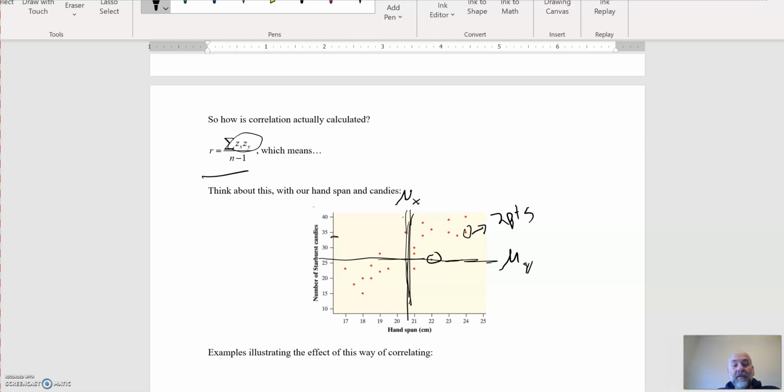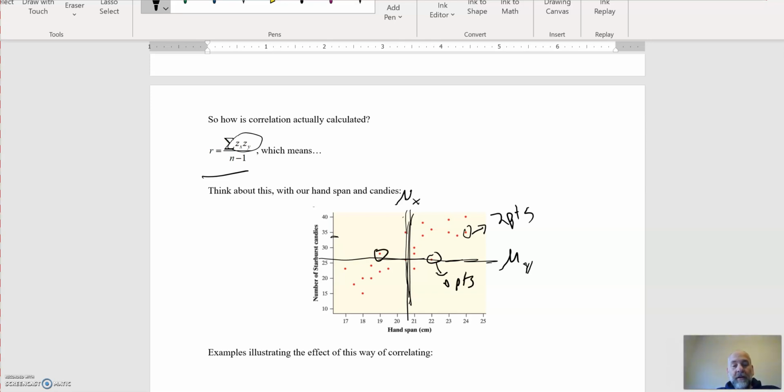And then take a look at this one right here. The z-score for x is about 0.7 or something, I'm just guessing. It'd be above average, but not that above average. And the z-score for y is right on the axis, so the z-score for y is 0. So this thing is going to give you 0 points.